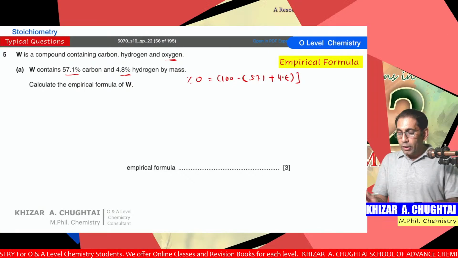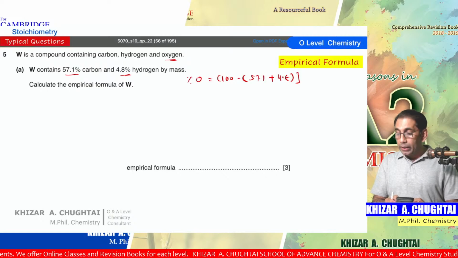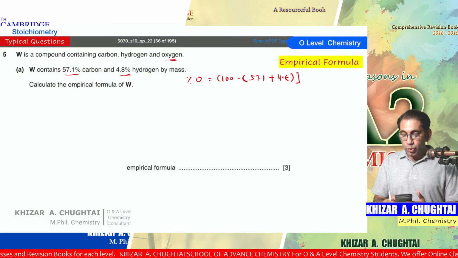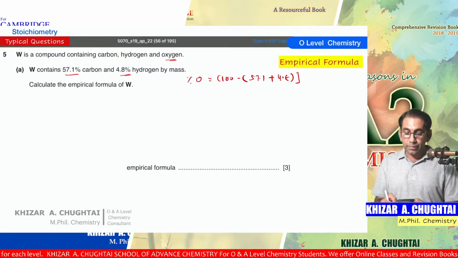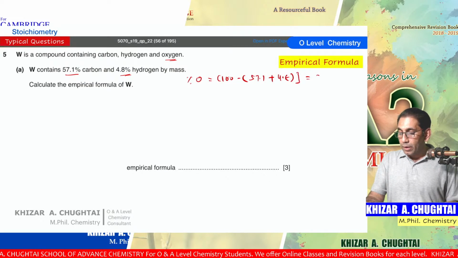So 57.1 plus 4.8, that is equal to this one, and I am going to subtract it from 100. The answer is 38.1. 38.1 is the percentage of oxygen.